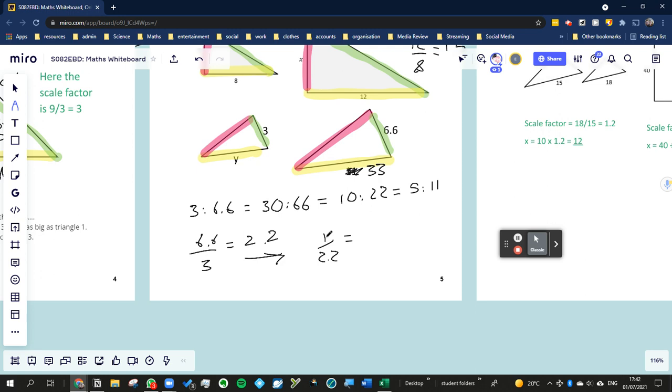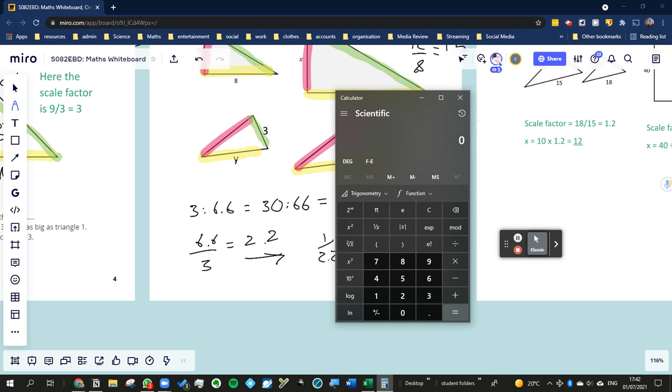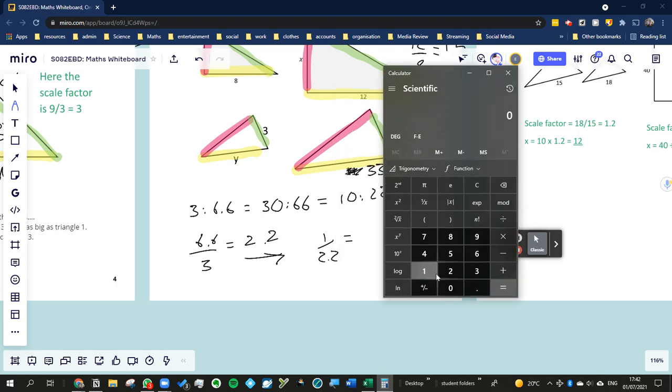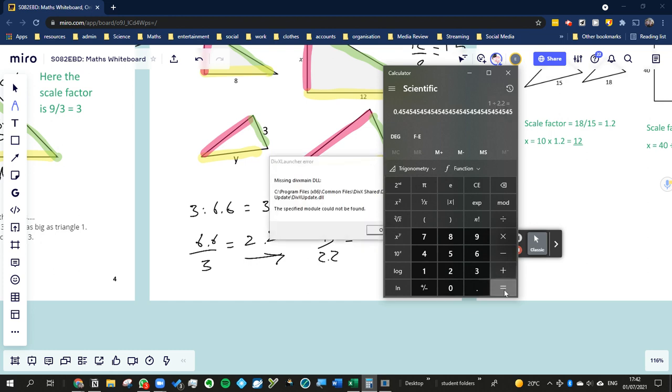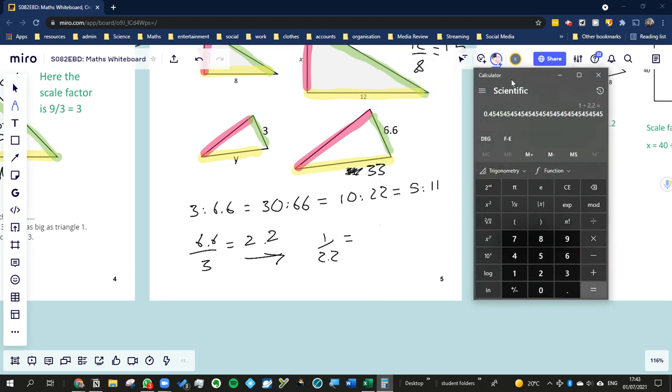Let's do it on the screen, actually. You can't see this because I'm not showing my screen at the moment, but I've got a calculator out right now. So 1 divided by 2.2 is equal to 0.45. So going back the other way, I forgot what I was doing for a moment then.